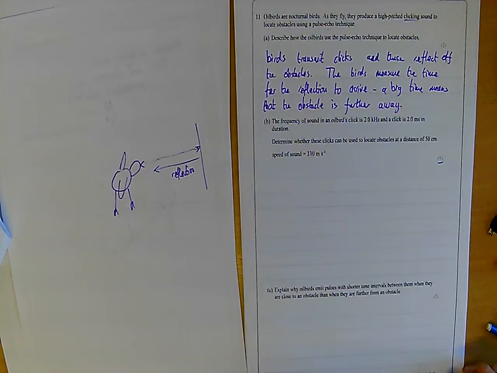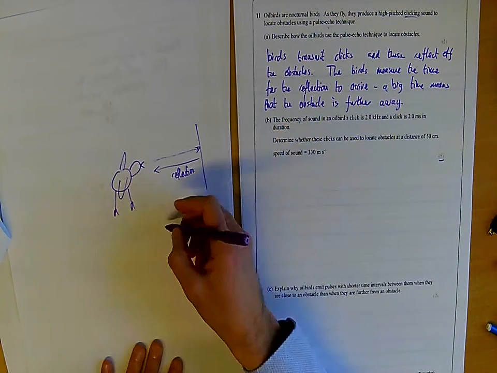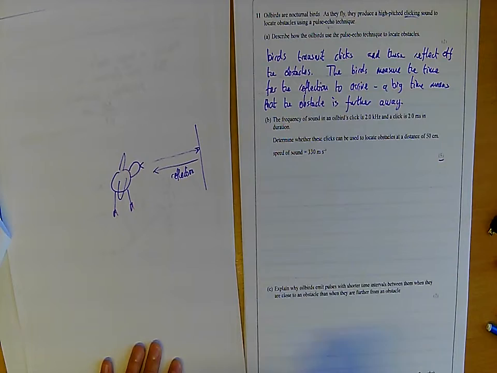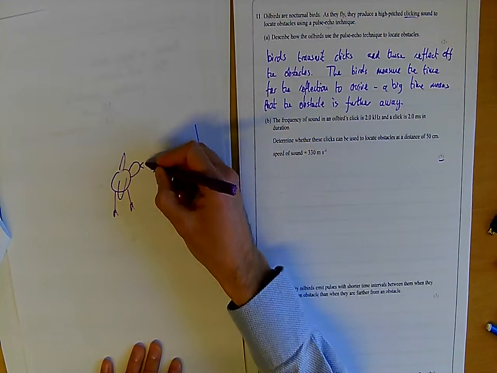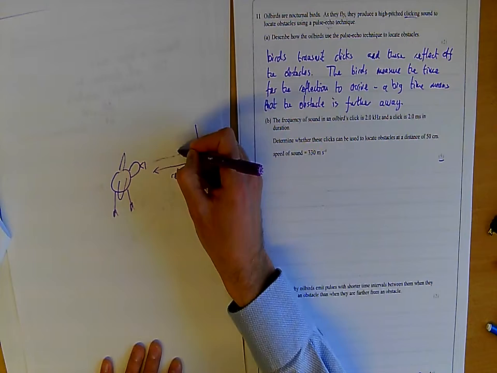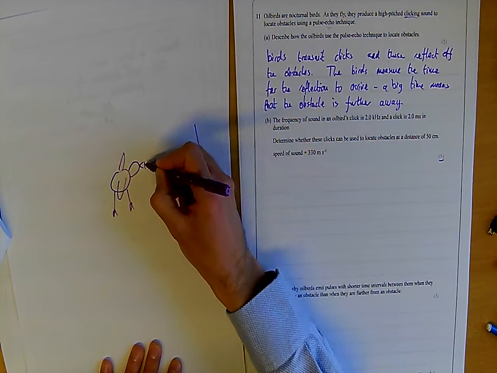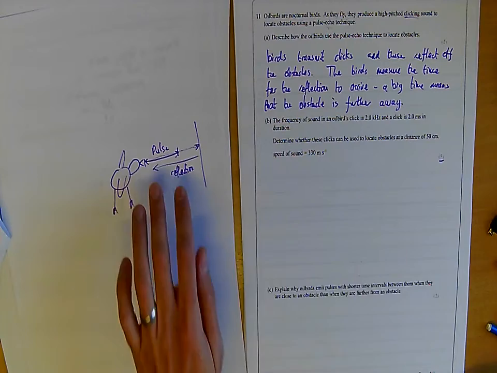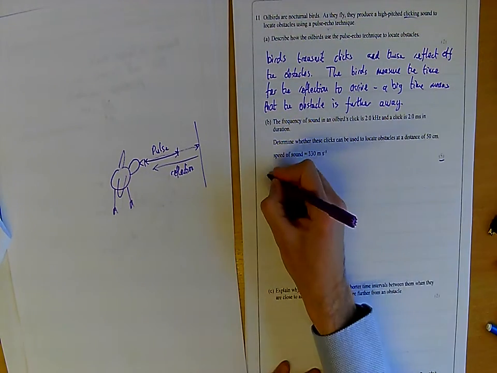So we've got a click which is 2 milliseconds in duration. So the click, the pulse even, is 2 milliseconds in duration. So the question is, how far does the sound travel in 2 milliseconds?